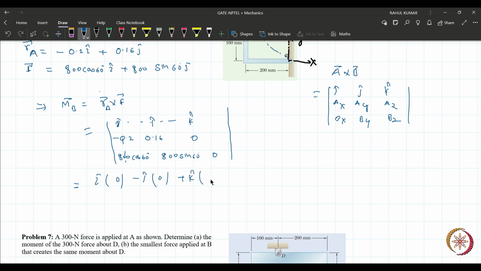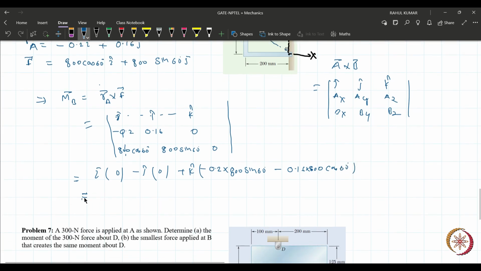Minus 0.2 into 800 sine 60 minus 0.16 into 800 cos 60 degree. Am I right? Approximately, you will get minus 203 Newton meter.